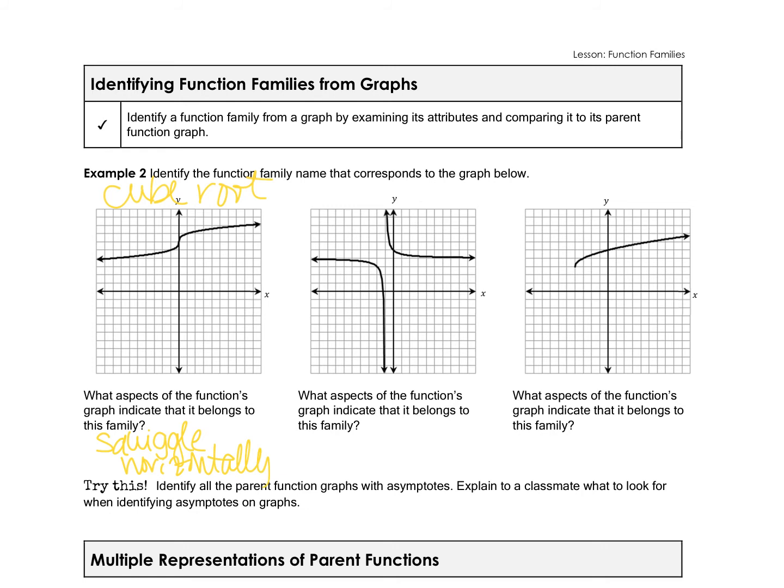Okay, so the next one, it's two separate pieces. So if you remember from the front, the two separate pieces, that's called rational. And the aspect of that is, I'm just going to put two separate pieces.